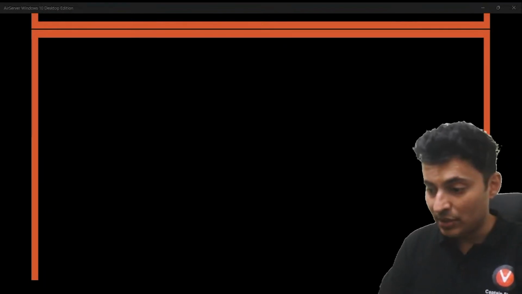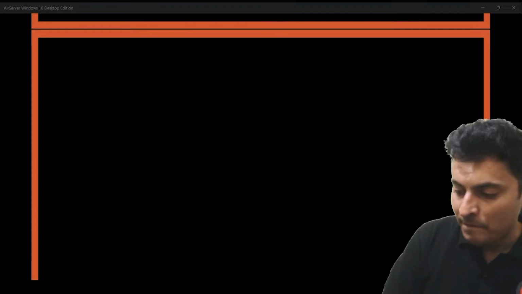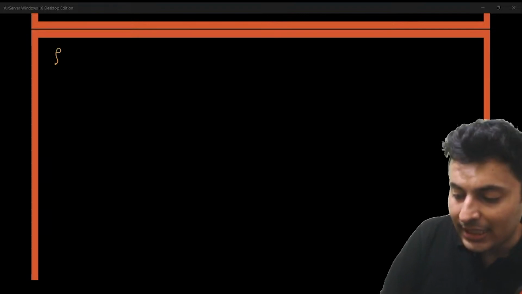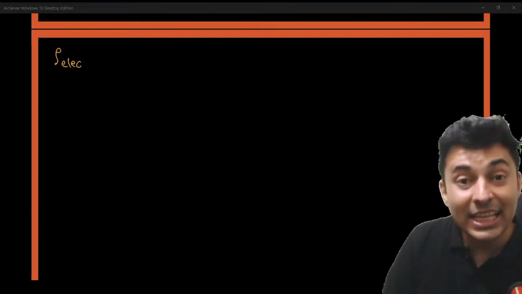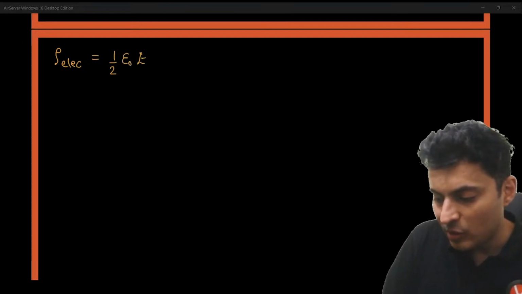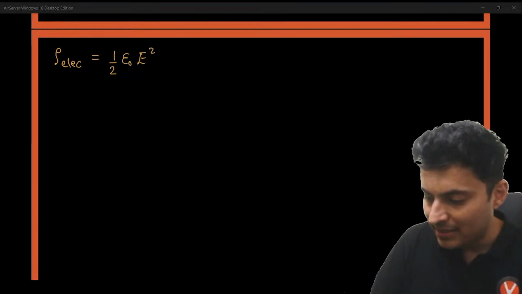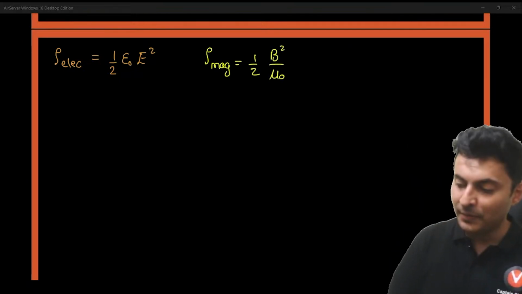Another diagram which you must know, or basically graph, is how the electrical energy density varies with electric field, given by the formula half epsilon naught E square, as well as magnetic energy density. Magnetic energy density is half B square by mu naught.